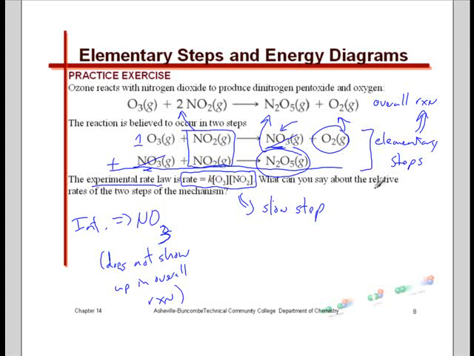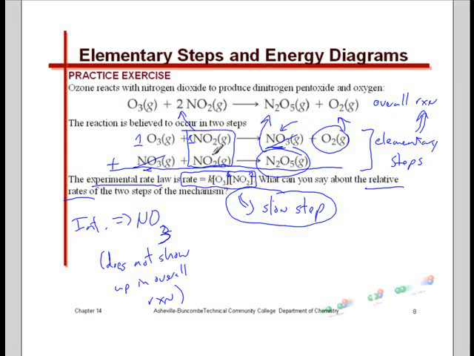And then, what can we say about the relative rates? Well, this is where, remember, the rate law is determined by the slow step. What is actually showing up in the slow step? We have ozone to first order and NO2 to first order. That would be a 1 up there. That corresponds to the 1 and the 1 in the elementary step.